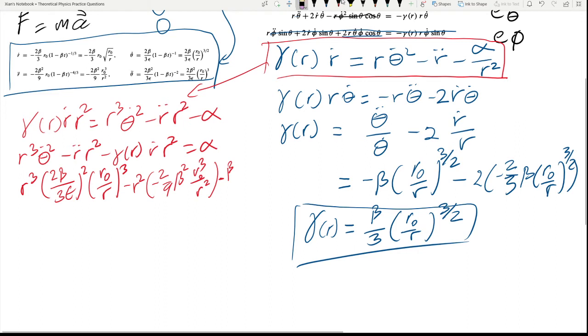Okay, this is a bit too long, so let's continue here.